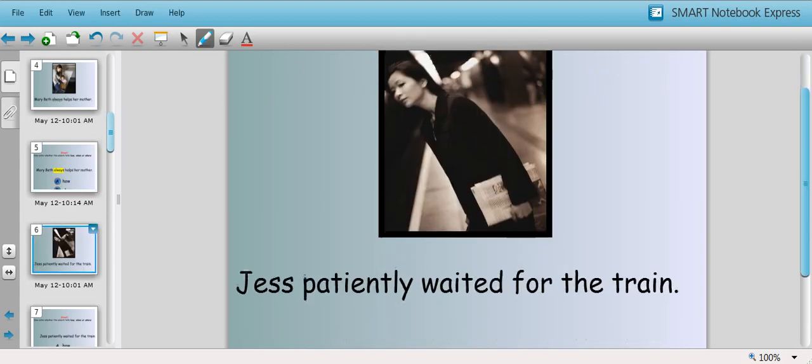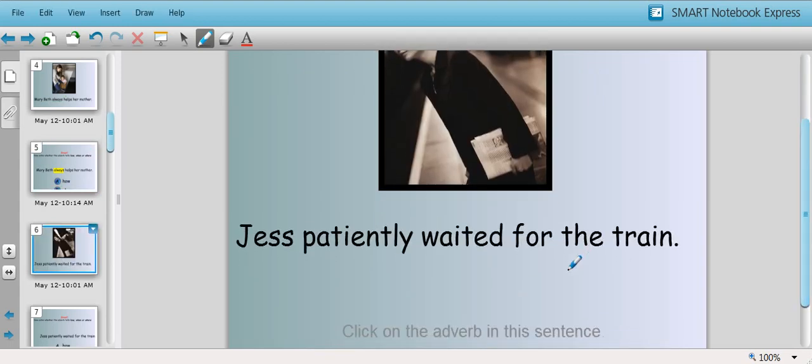Okay, the next sentence. Jess patiently waited for the train. So here's our verb, waited. And now we need to find the word that modifies our verb by telling us how, when, or where. We know that just does not tell us how, when, or where. For does not tell us how, when, or where.